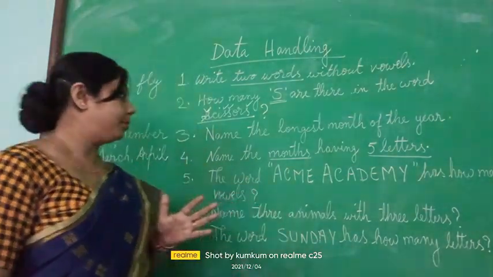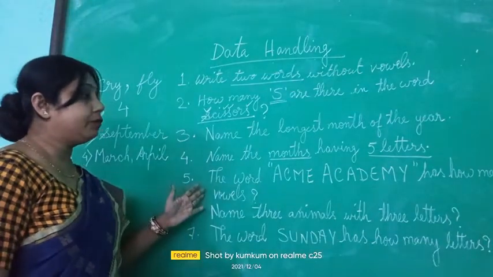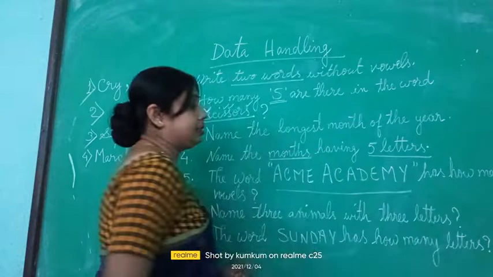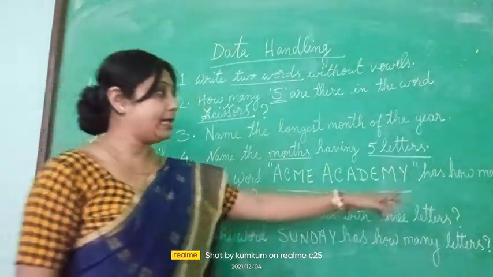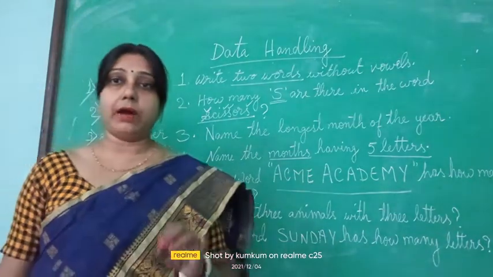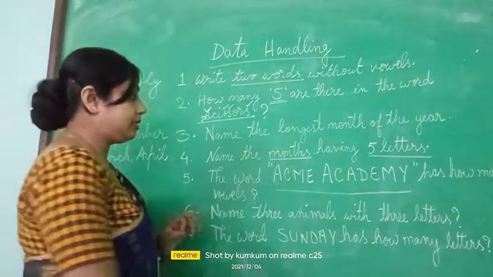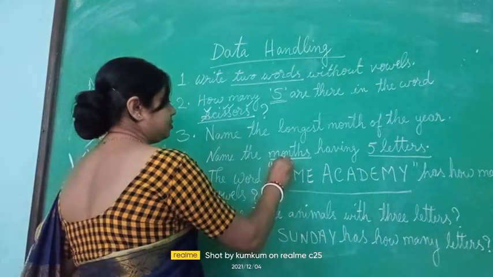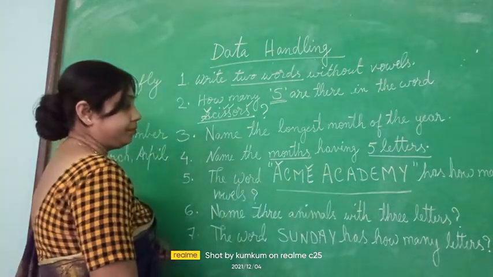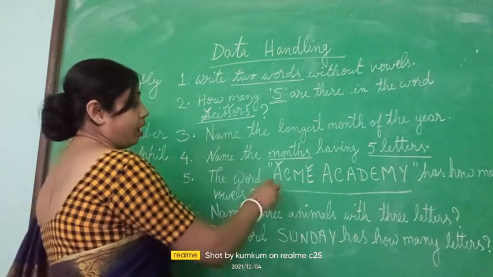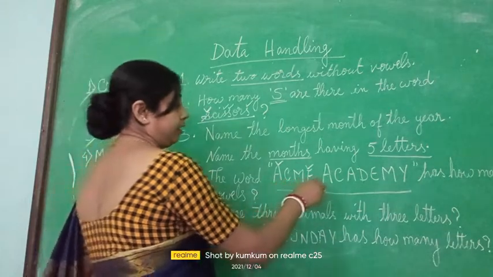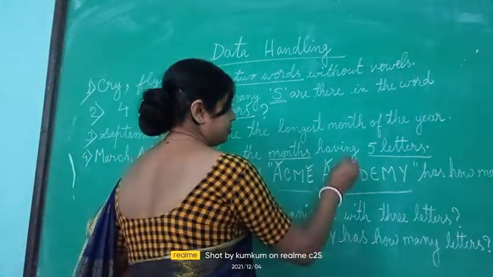Okay. Now, next one, the word Acme Academy. The word Acme Academy has how many vowels? So how many vowels are used here? See, A is used, E is used. How many vowels are used? That means 2. Here A is used.